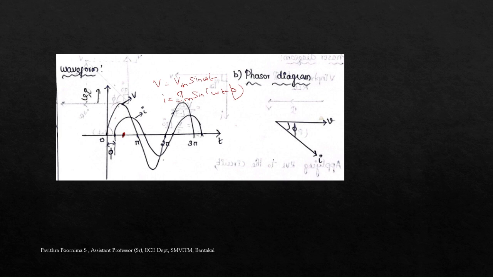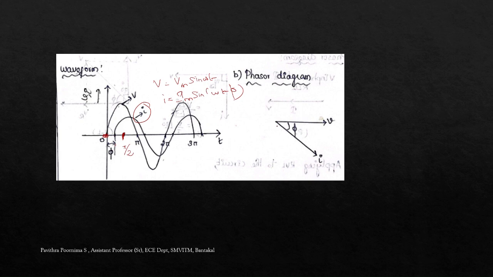So we consider the voltage starting from 0, pi and 2 pi, and current lags the voltage by some angle phi. Don't consider it as pi by 2, because the value of phi lies between 0 and pi by 2. So somewhere in between 0 and pi by 2, the current waveform starts, and over time it maintains a phase difference of phi.